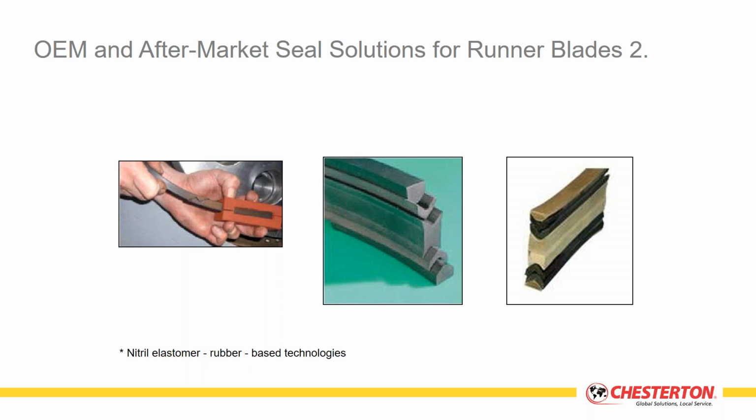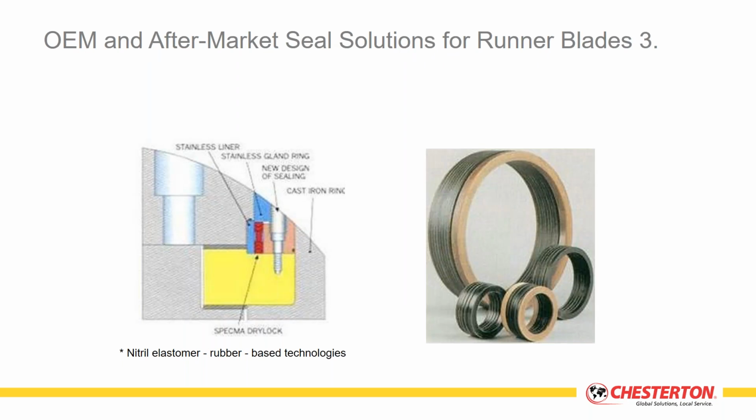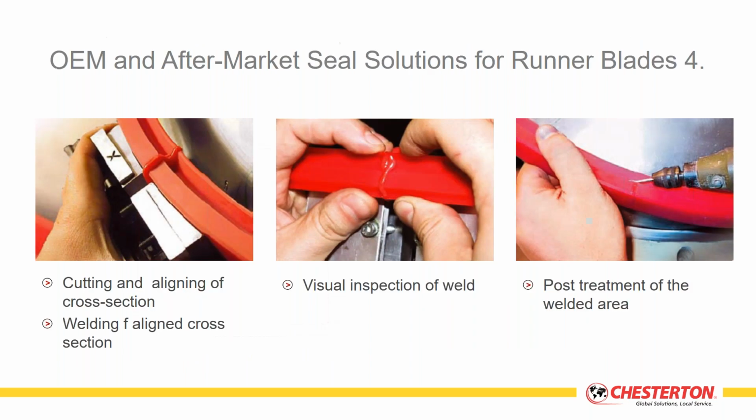And such stack sets have to be mechanically pre-compressed before the turbine is back in operation. On this slide, we will see another solution, but first the traditional stack sets in back-to-back configuration.